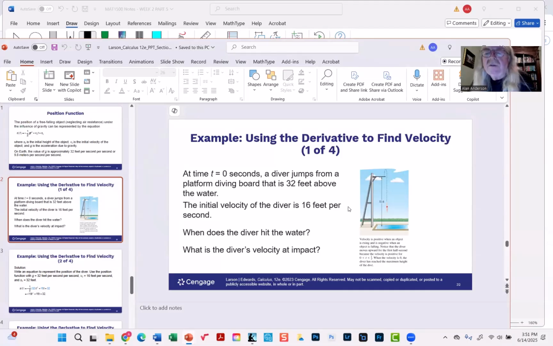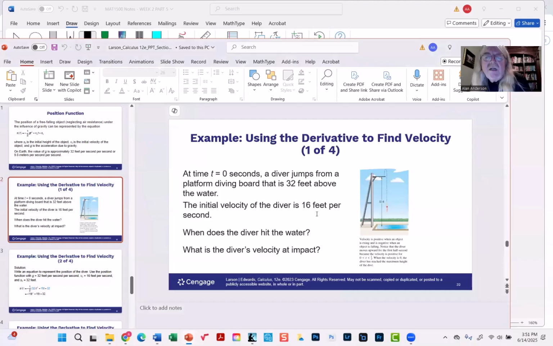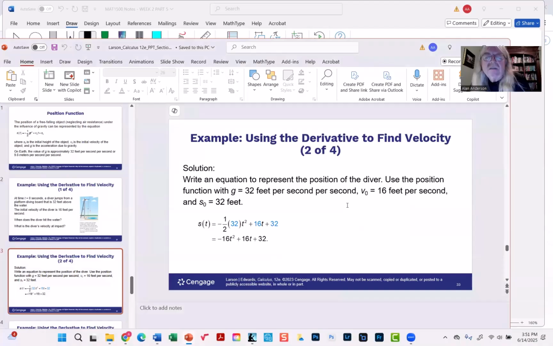So we've got a diver diving off the diving board at time t equals 0, and it is 32 feet above the water. So if you take this function using g is 32, the diver, according to this, the initial velocity is 16.